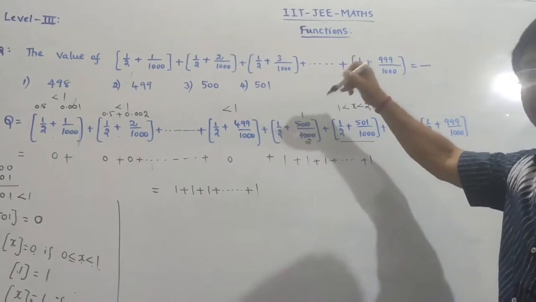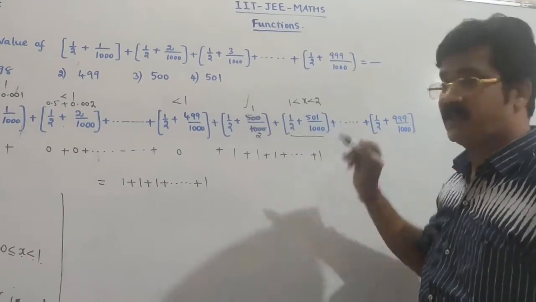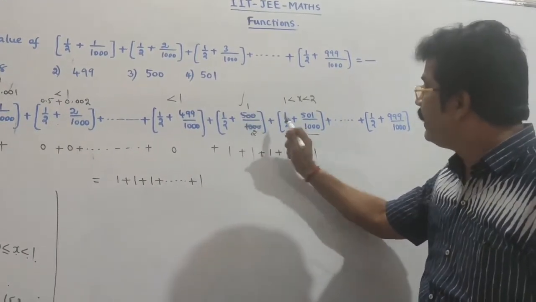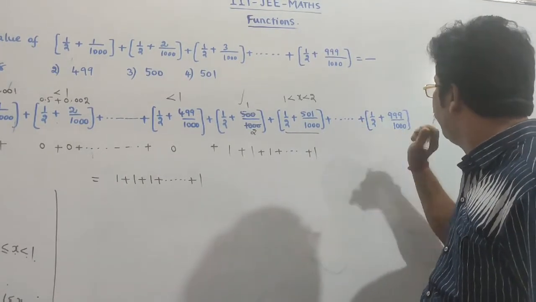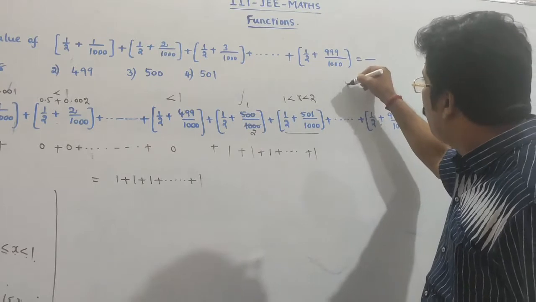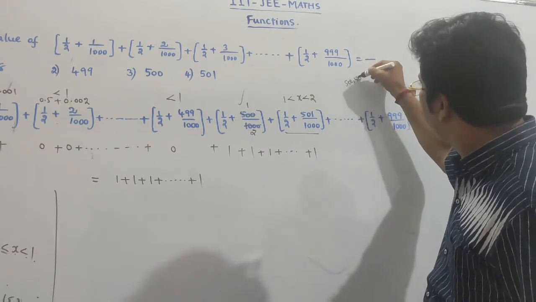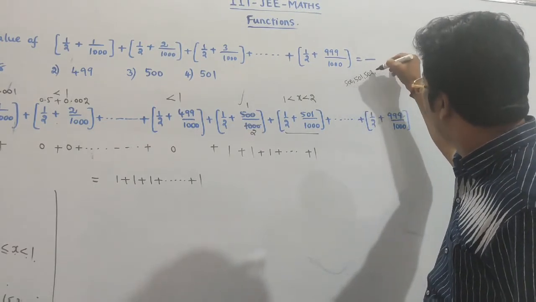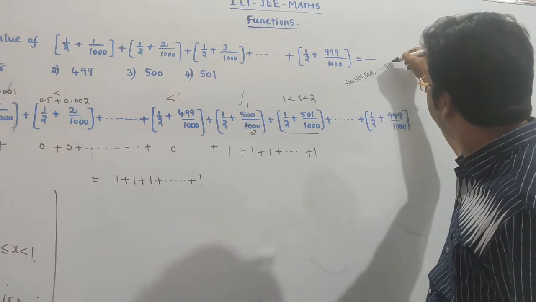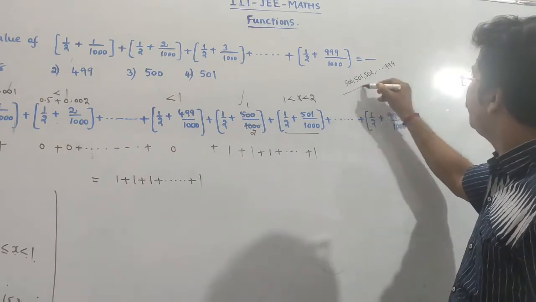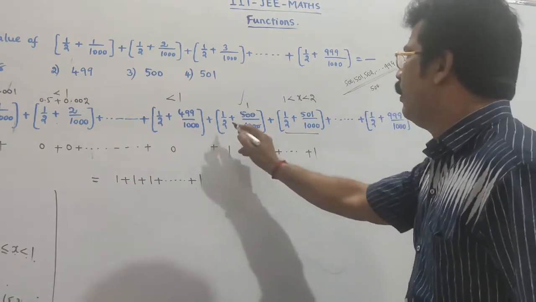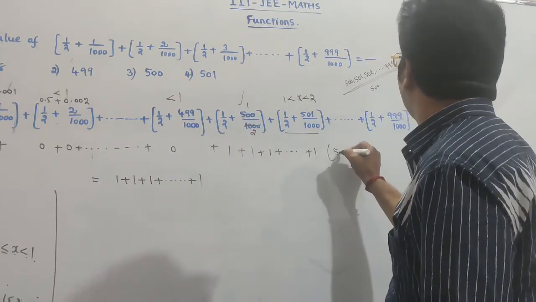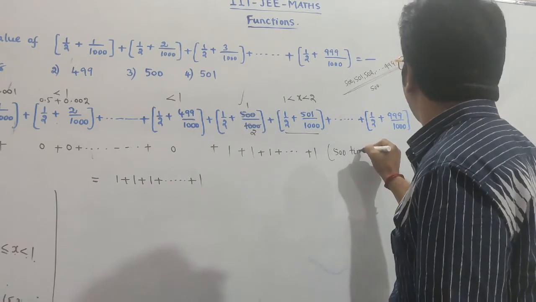From where are we getting 1? From these boxes, which contain 500, 501, 502, 503 and so on up to 999. How many numbers are there? Total 500 numbers. That's why 1 plus 1 plus and so on up to 500 times.